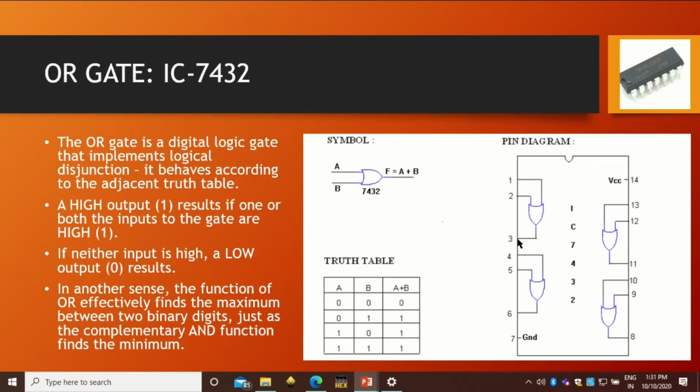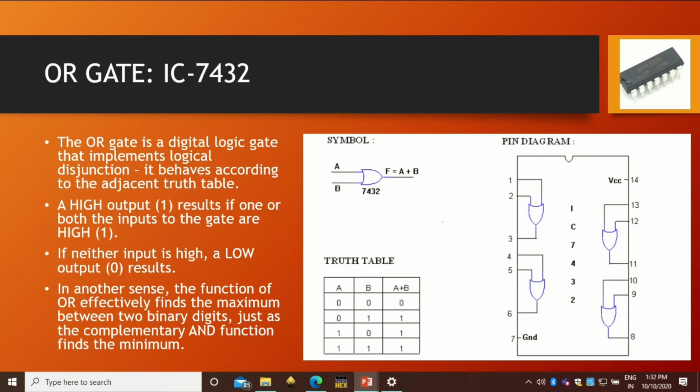So we can connect an LED to any of these output pins, and we can connect the inputs to these pins. If I am going to use only this gate, I need to provide inputs at the first and second pins, and the output can be seen in terms of the LED glowing or not glowing, to show whether there is logic 1 or logic 0 at pin number 3.